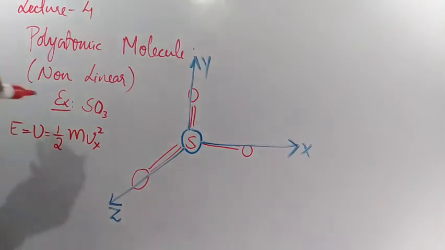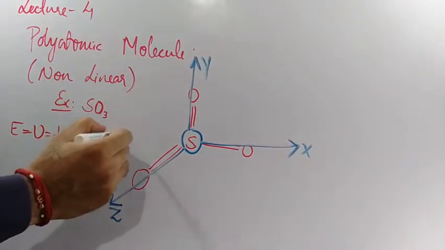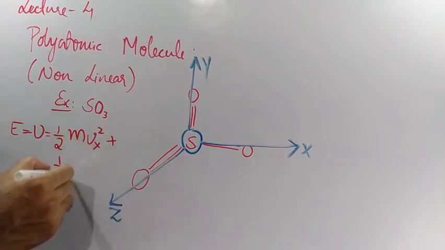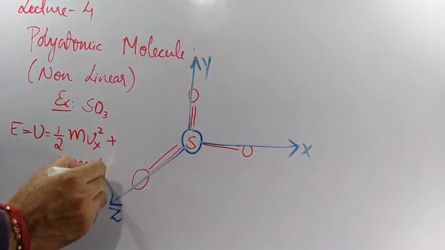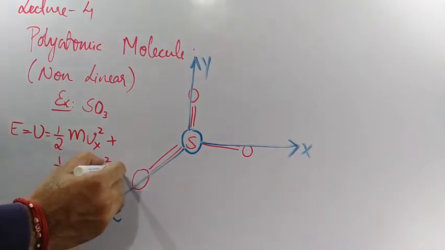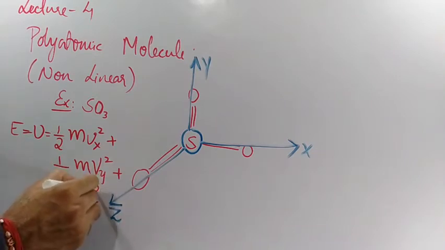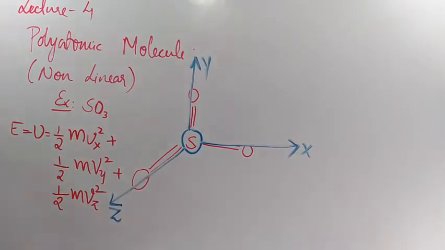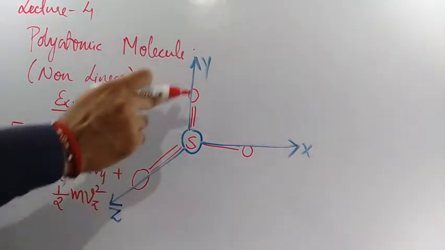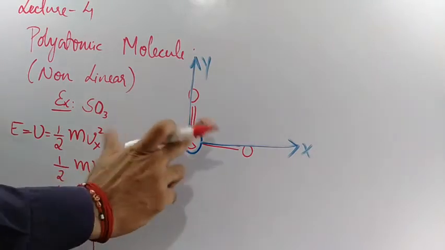Clear? If it is moving along the Y-axis, plus half m Vy square. Correct? If it is moving along the z axis, what is the term? Plus half m vz square. Clear?